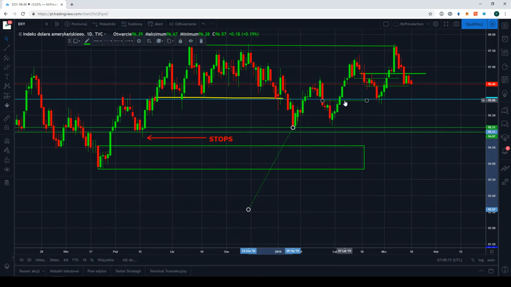All right, so bears trying to close the day below 96, that may open 96, yes, that may expose 95. A move below 95 will expose these stops.